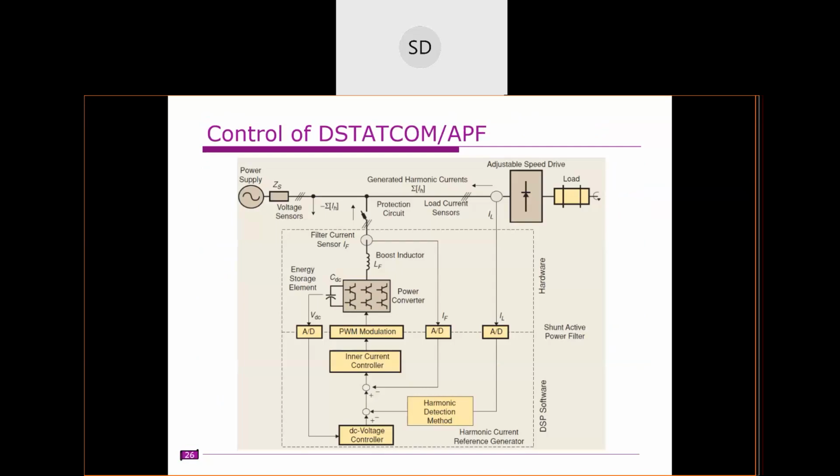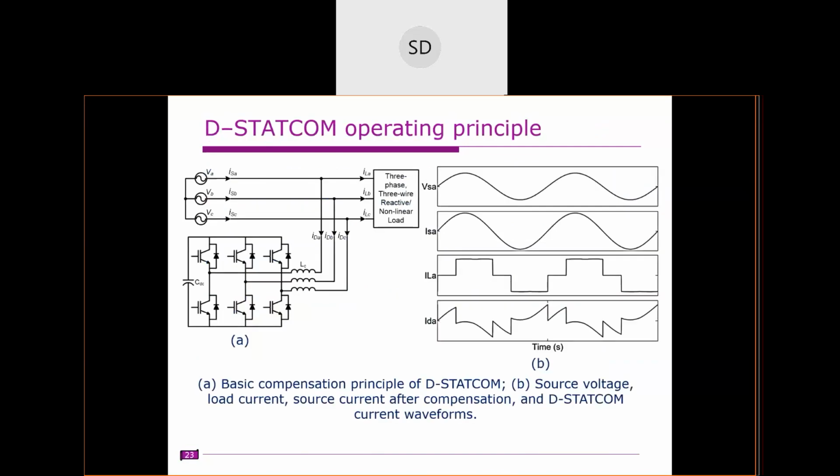ideally, there will be no losses in this STATCOM. Essentially this DSTATCOM will circulate the reactive power. For example, the load is drawing some plus Q reactive power. Ultimately, from the source side you require zero reactive power.